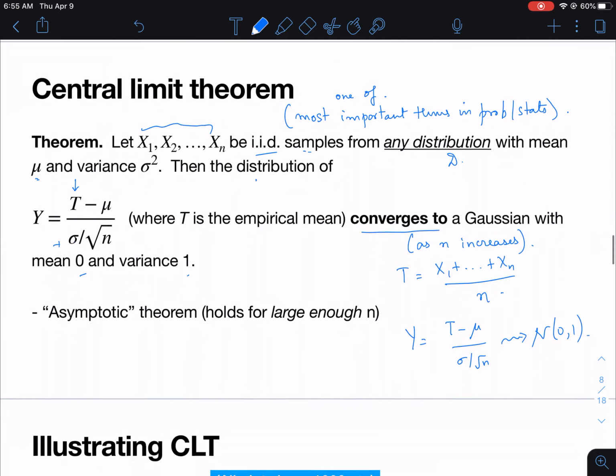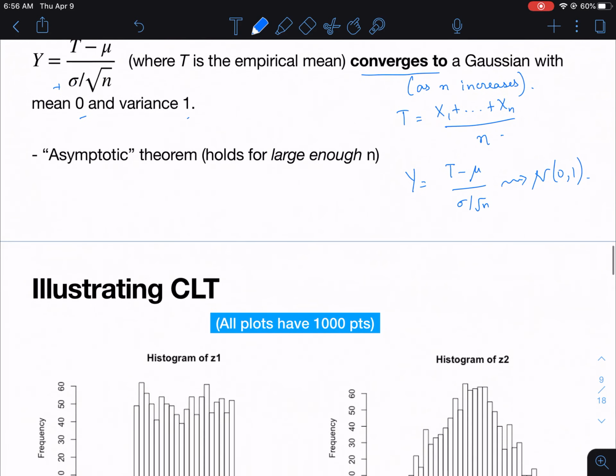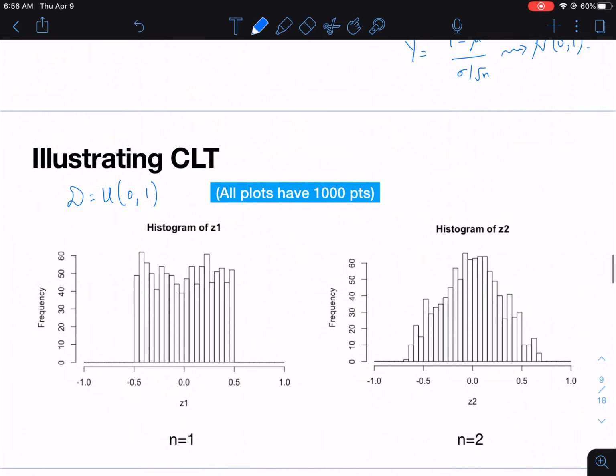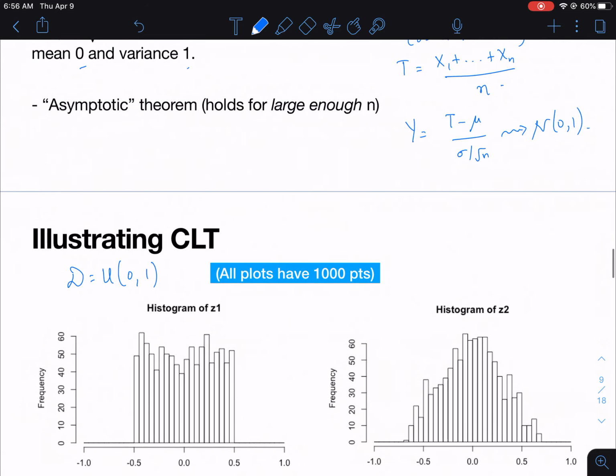So let me give you a bunch of examples. I started out with the distribution D being the uniform over 0 1. So mu is half, and sigma squared is some constant. I don't remember it off the top of my head, it was like 1/3 or something.